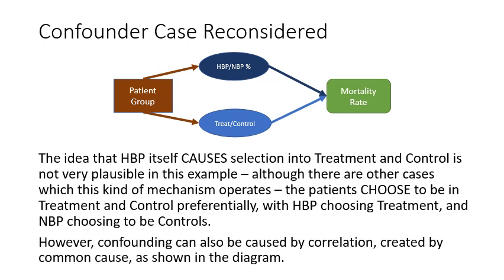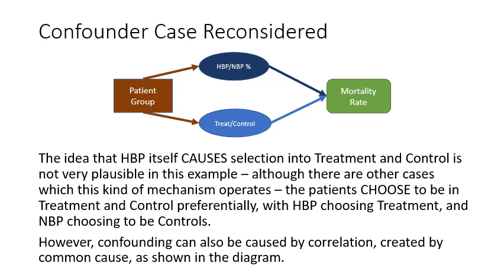But a more plausible thing is that the patients are assigned to one group, the treatment or control group, by the experimenter, and for some reason the experimenter doesn't match the two groups and chooses a lot of patients with HBP for treatment.